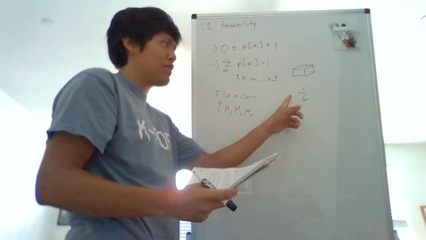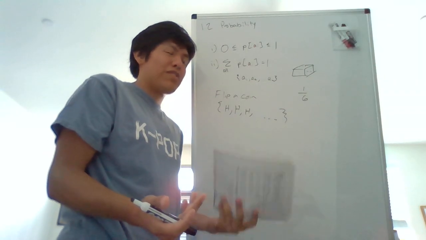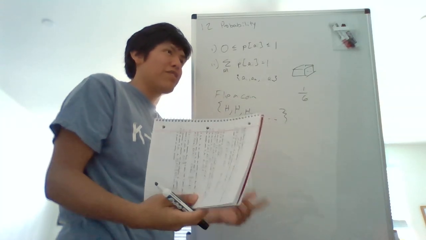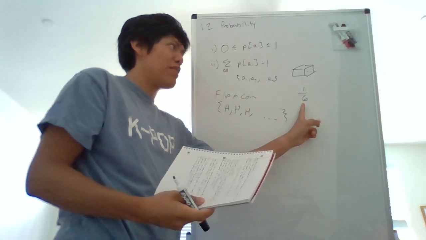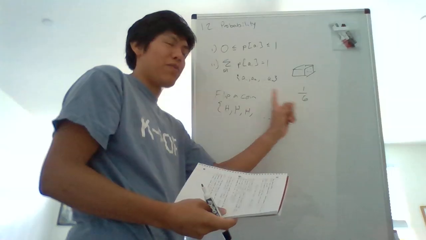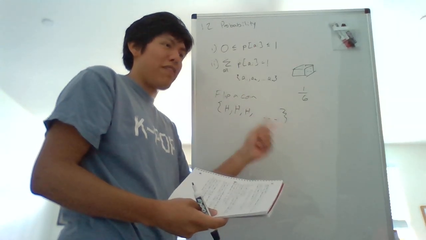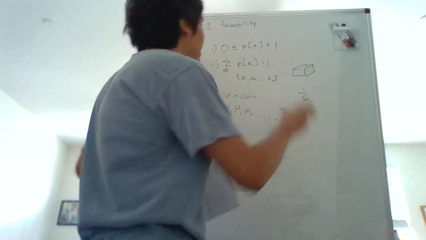And that's whenever something is uniform. You could also look at a coin. What's the chance you land on heads? It's 1/2, because there are only 2 sides. What's the chance you land on tails? It's also 1/2. That is what we mean by uniform probability, where every outcome has the exact same probability of happening.